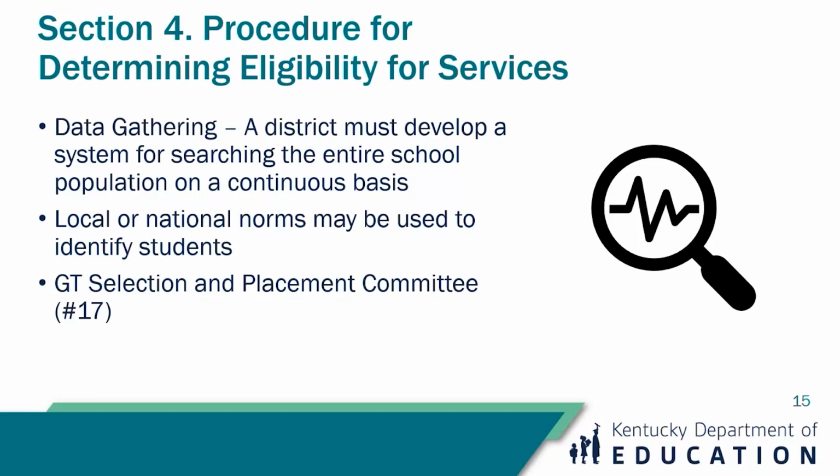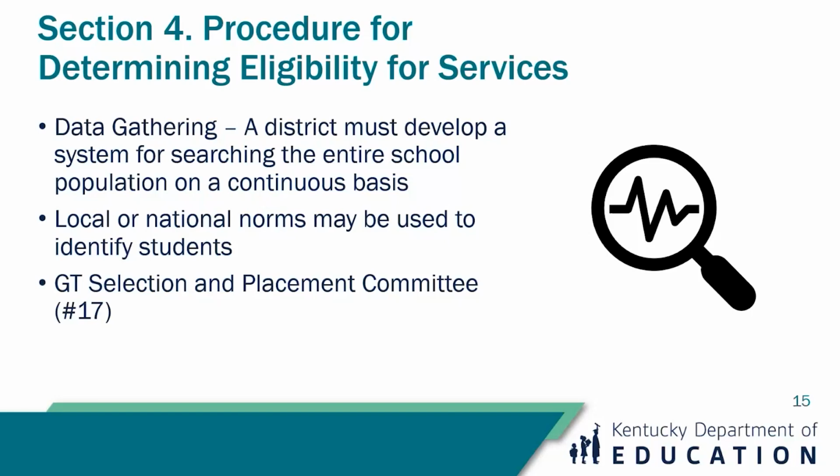Next, we've got Section 4. Section 4 is about procedures for determining eligibility for services. So in this section, it talks about that districts have to have a system for screening the entire school population on a continuous basis for gifted and talented students. So although we start that process of formal identification in 4th grade, it's not a one and done type process.